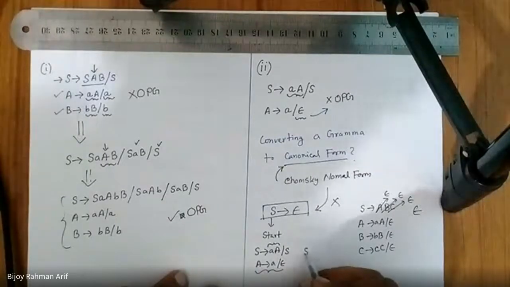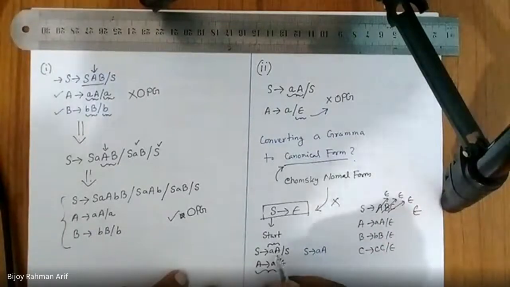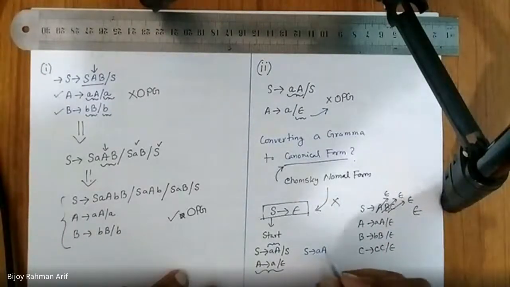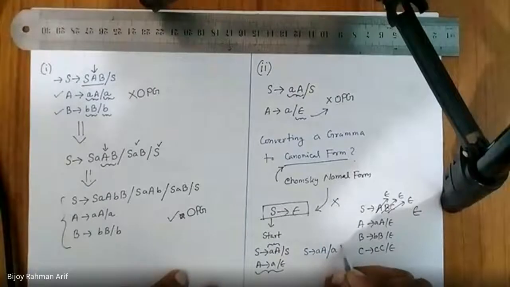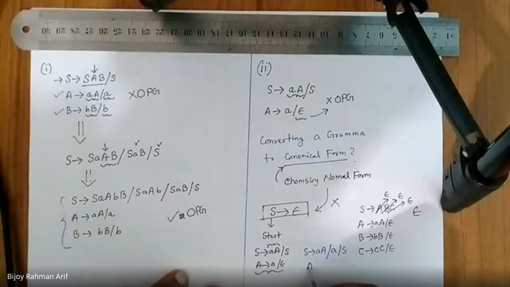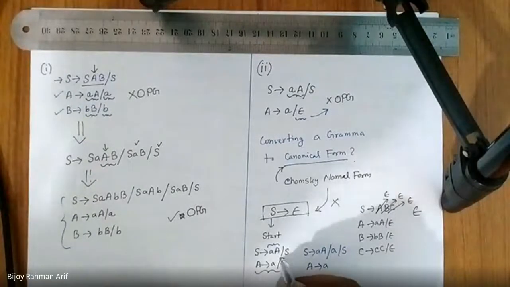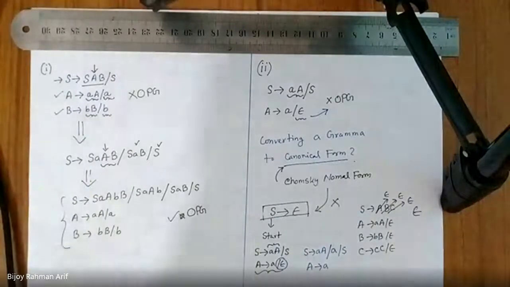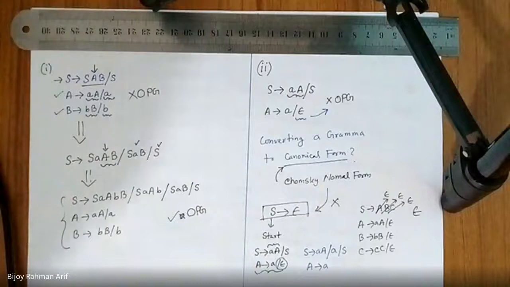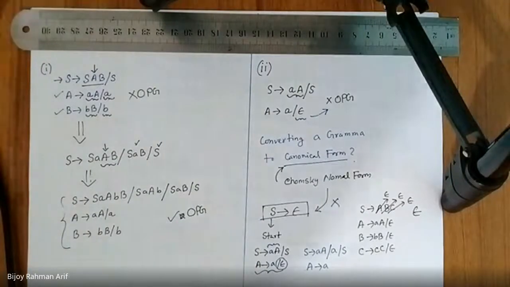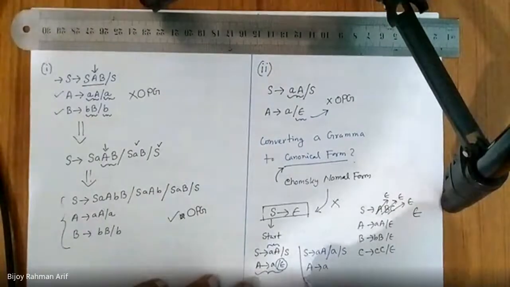So S derives A. Then you put epsilon instead of A, so what you get? S. Now you can remove this epsilon. Now you get your answer. Did you get it? So this is the catch. This is funny, am I right? Now it becomes without epsilon.